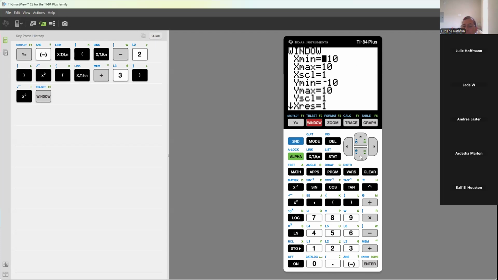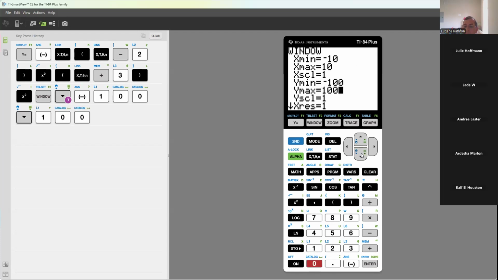Okay, so the x's are at negative 10 and 10 like I needed. So I'm going to go to the y minimum. The y minimum was a negative 100. The y maximum was a positive 100. And then it looked like the y values were going by tens, 10, 20, 30, 40, and so on. So you're going to put that in, and you're going to hit graph.